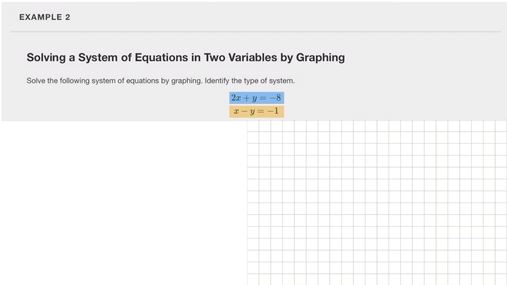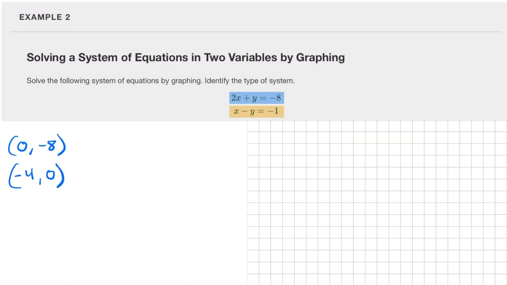I think I just prefer to do the intercepts. I was going to solve for y and then use that, but let's start off with the y-intercept. If we set x to 0, the corresponding y is negative 8. And for the x-intercept, if we let y be 0, then x is negative 4.